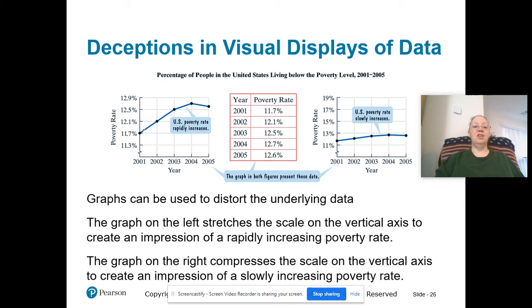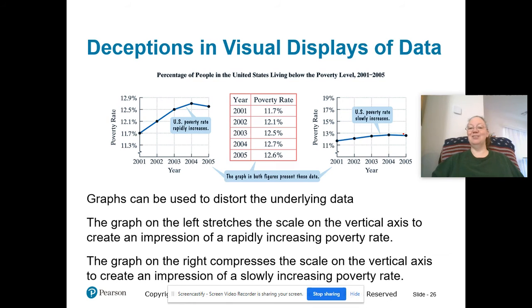So it looks like there's a huge leap when it's 0.4%. On the other hand, if my goal was to say, oh no, US poverty rate, it's not growing very fast at all whatsoever, then I might label my vertical axis like this with 2 percentage points in between.